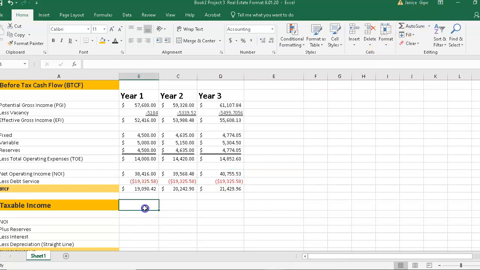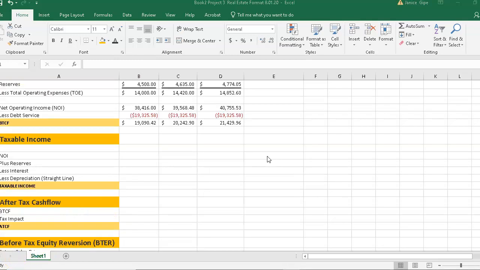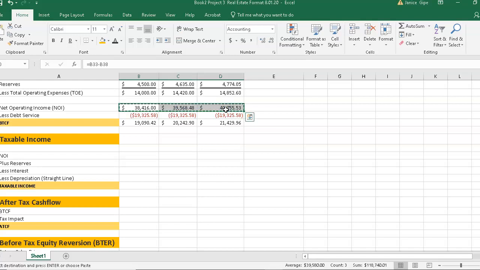Okay. Now we're going to calculate our taxable income. So to get the NOI, which we've already calculated, we take these three items.